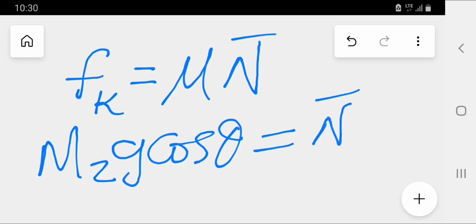Okay, so since we now know that the normal force is equal to this, the next step is to write everything that we've presented so far.